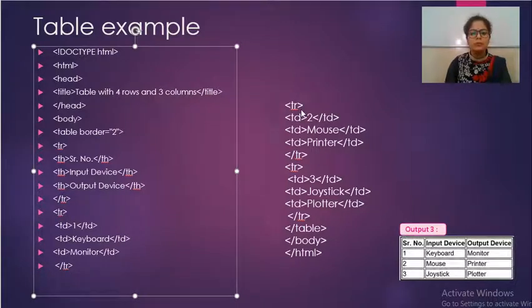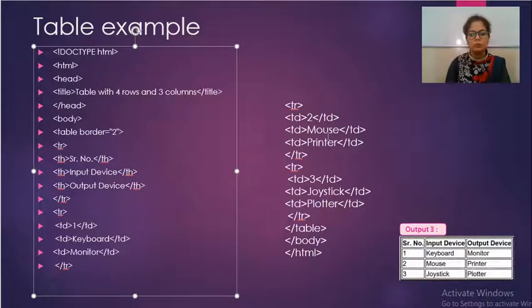Now let's move to the third row. Now we have to create the third row. This is the third row and I want to display information such as mouse and printer. So this is the start of tr, then td, td, td. This is the data and this is the end of the td tag. This is the beginning of the next td tag.